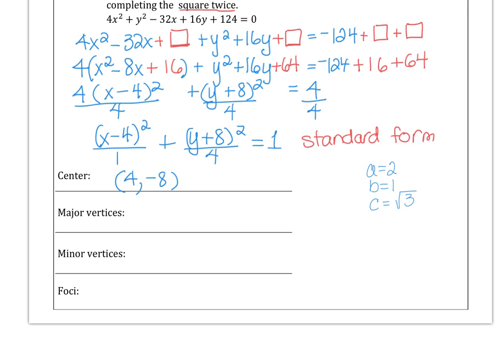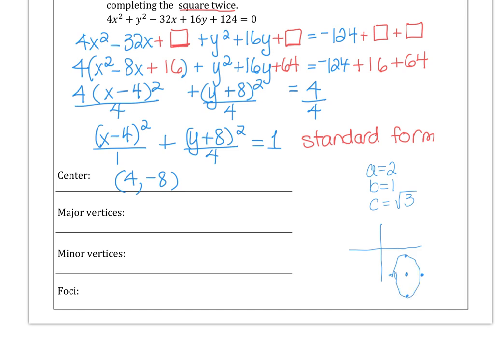Now, if you wanted to get some graph paper, we would have the major axis is on y. So we're over here at 4, negative 8, way down here. And we want to go 2 up, 2 down, and then 1 right and 1 left, and 2 up and 2 down. So it's going to be some little thing down here.